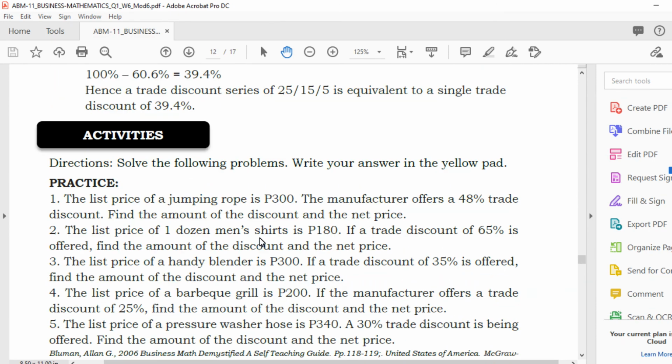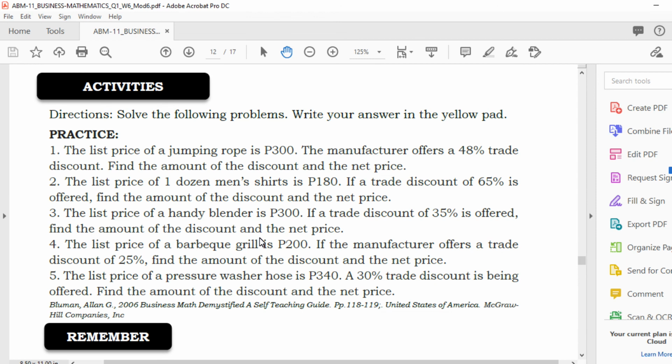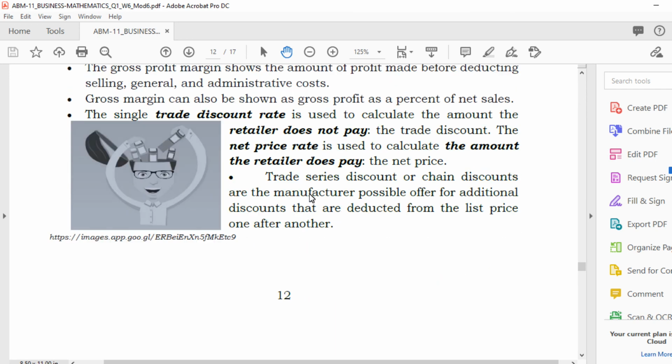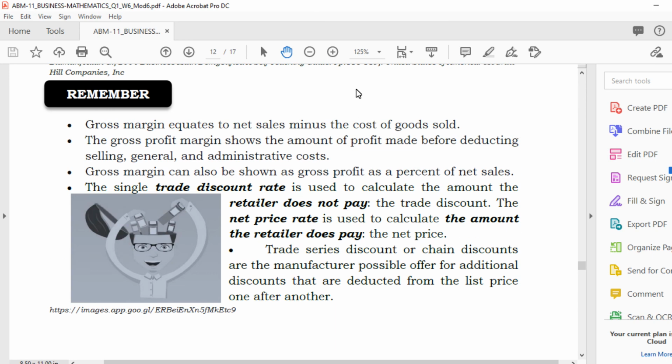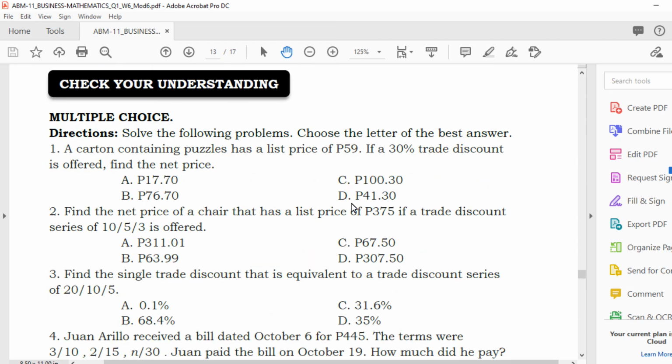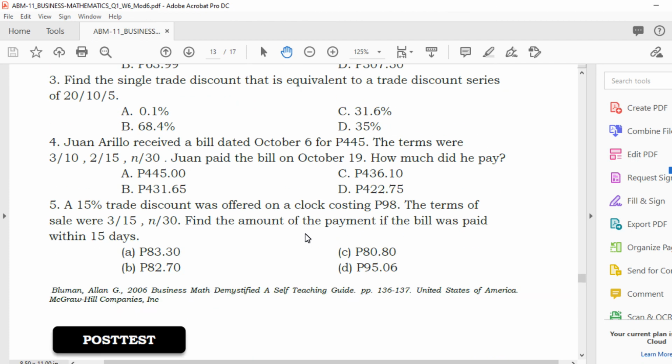So, ngayon, ang inyong activities ay nandito rin sa module. Sasagutan nyo yan. So, for the following problems. Okay? And then, ito yung remember. Parang guided ninyo. Guide lesson. Para sa lesson, guide ninyo yan. Para at least parang key points ninyo. And then, you check your understanding. Sasagutin din yan.